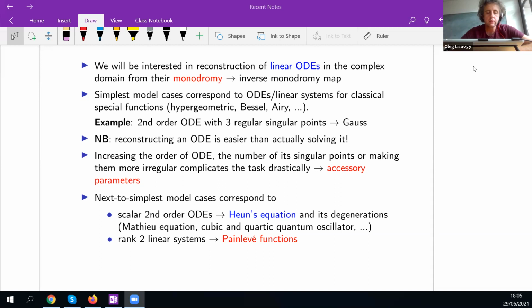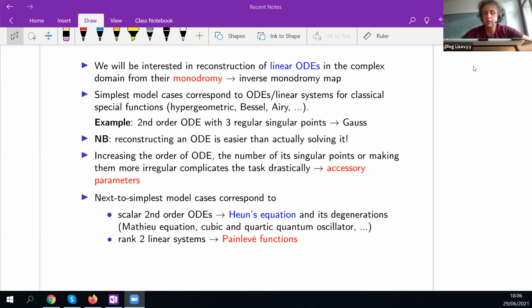And more importantly, you now have the accessory parameter problem. In the differential equation, you will have a certain number of parameters with a complicated, highly non-trivial dependence on monodromy.